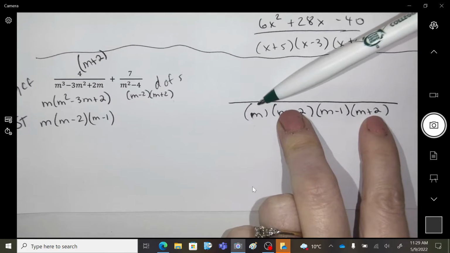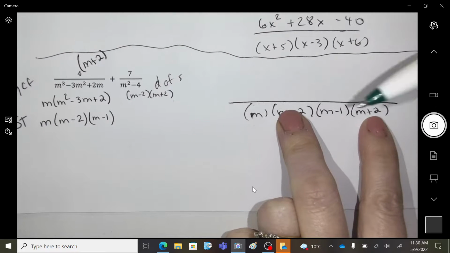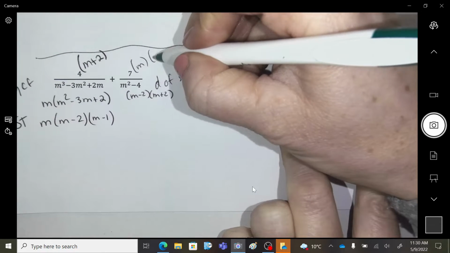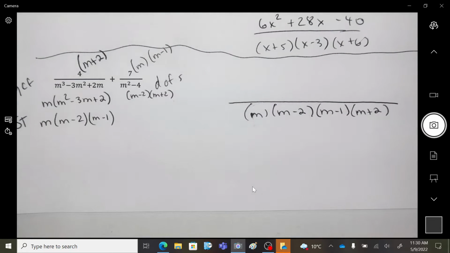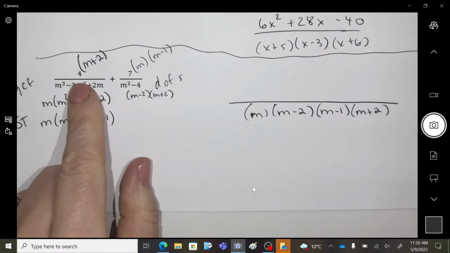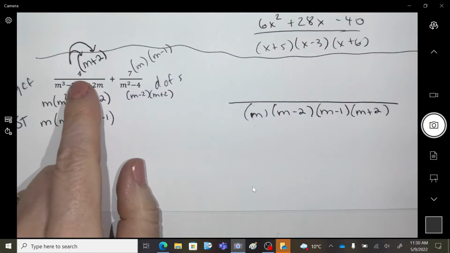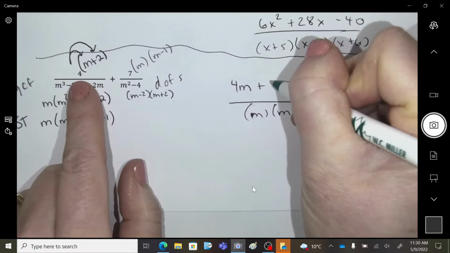So it was missing the m and the m plus 1. They were both missing. Or not m plus 1, m minus 1, right? Okay. Ready to time. So the first multipliers will be 4m plus 8.